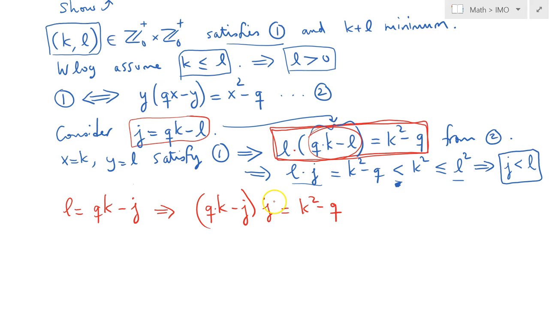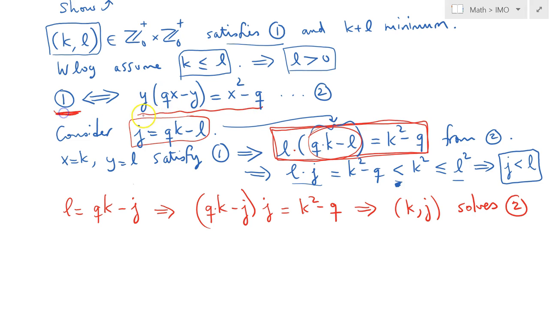Just rearranging, we get back to the original equation. What this means is that kj also solves equation 2, right?